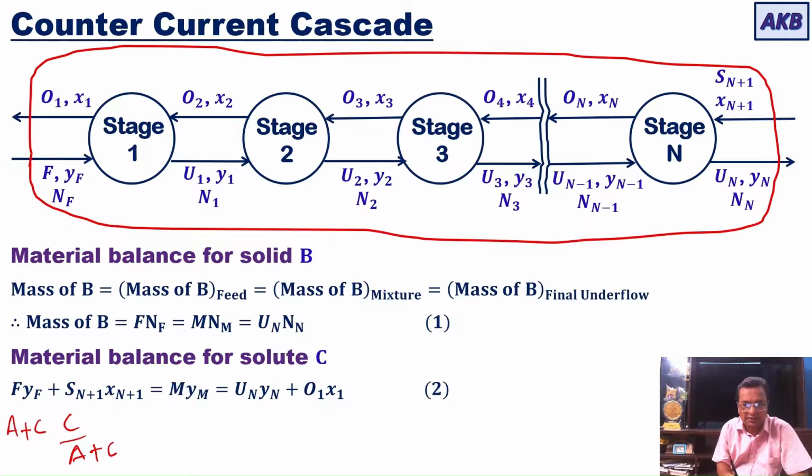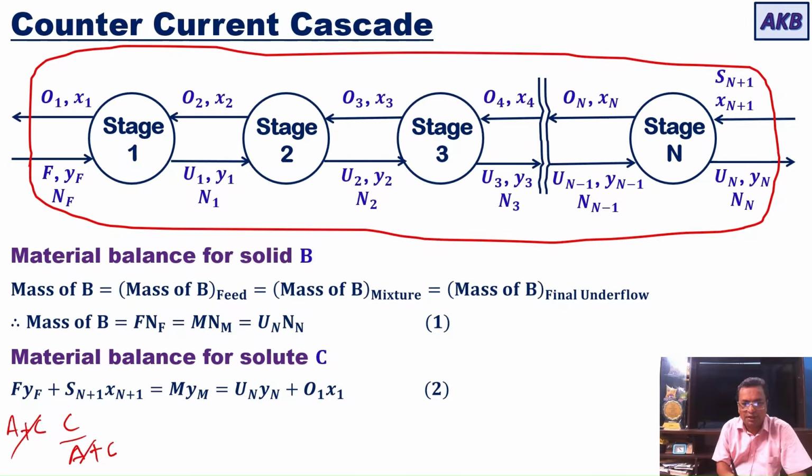Similarly, Sn plus 1 is A plus C in the solvent, Xn plus 1 is C upon A plus C. In the mixture, M is A plus C in the mixture, Ym is C upon A plus C in the mixture. Underflow, A plus C in the underflow, C upon A plus C in the underflow. Overflow, A plus C in the overflow into C upon A plus C in the overflow. So in each case, A plus C gets cancelled, and you are left with C.